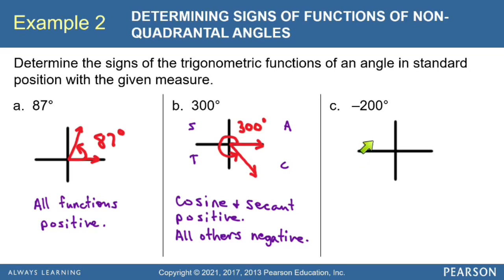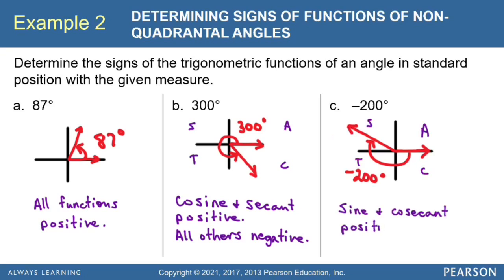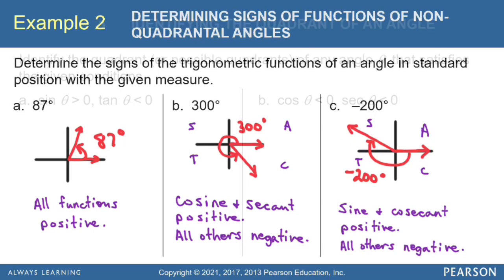So I need to go a little further to reach negative 200. So now we can see that the terminal side for negative 200 is actually in quadrant 2. And if we think ASTC, we can see that the sine function and its reciprocal will be positive for this angle, and all the other functions will be negative.